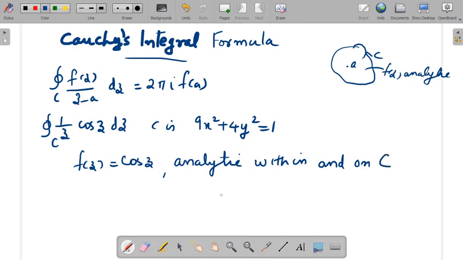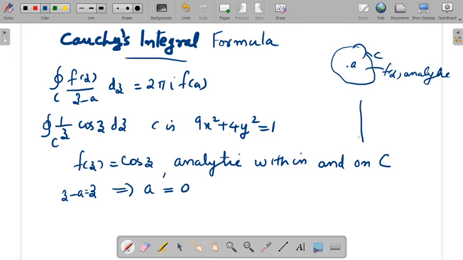It is analytic within and on C. Now we look at the denominator. So in the place of z minus a we have z, right? So z minus a is equal to z, that is we have a equal to 0. So the next question is whether this a lies within C.